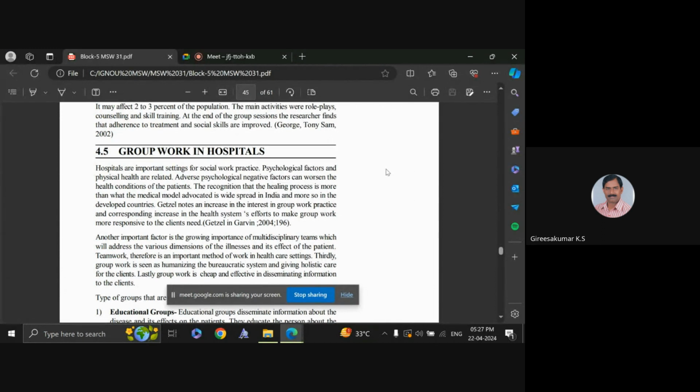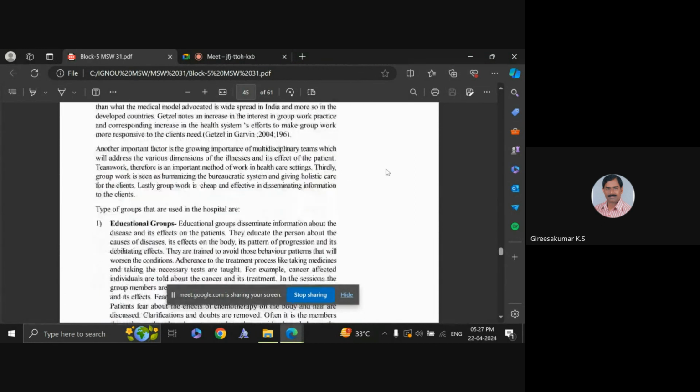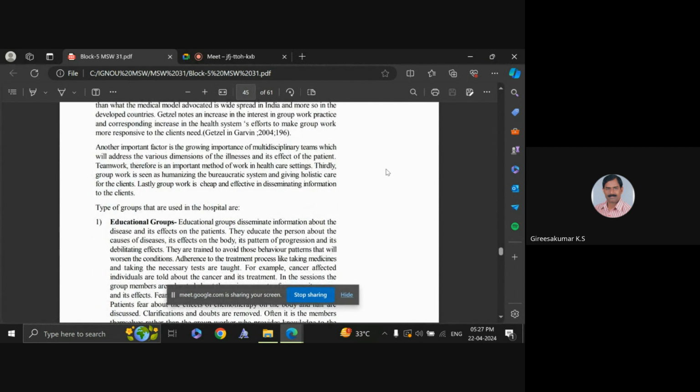Now, the types of groups that are used in hospitals. Educational groups disseminate information about the disease and its effect on the patients. In hospitals, they will educate people.